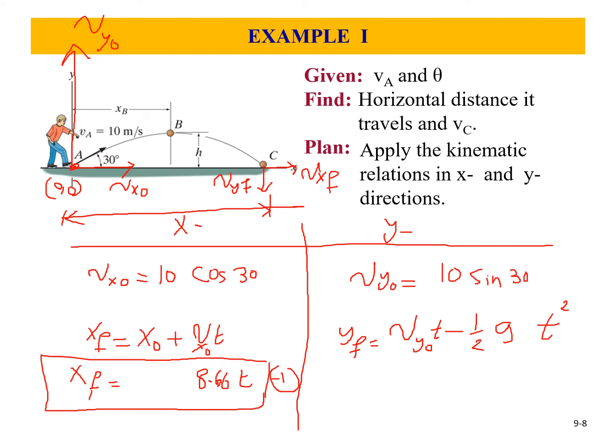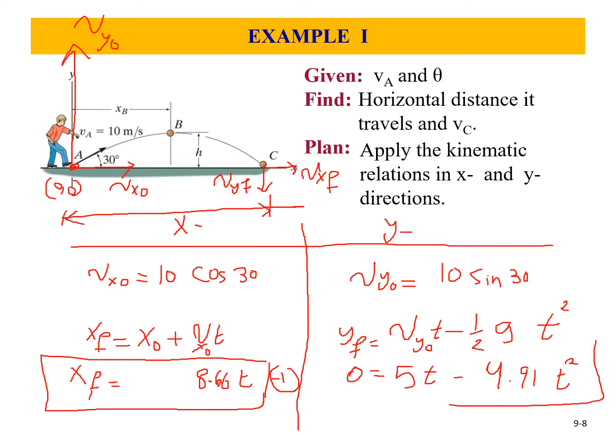The y final, this is my initial. What do you think the y final here is? 0. So the y final is 0. So that's going to be 0 equals 10, how much is 10 sine 30? Exactly 5. Yes. Just half. Now, multiplied by t minus half. How much is half of 9.81? 4.91 t squared.